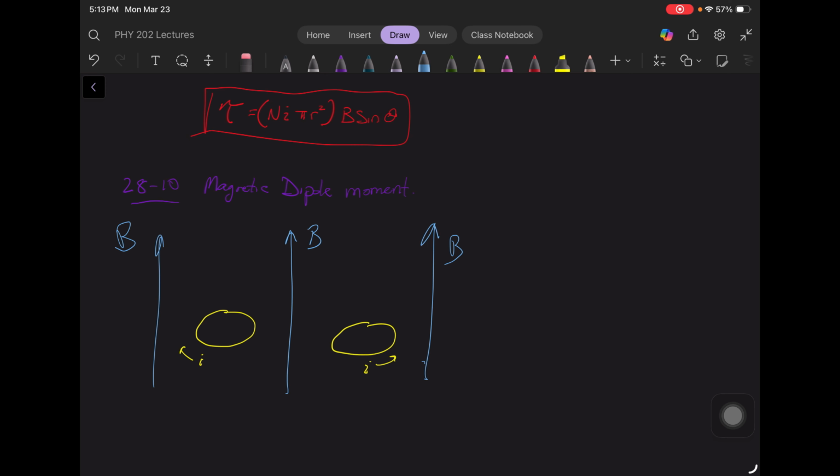Yeah, it's pointing up. And so we want to figure out which one of these is a higher energy and which is a lower energy, right? And in general, lower energy means happier. It's easier to exist that way. And so we want to figure out what direction the magnetic field is going to point for each of these currents.